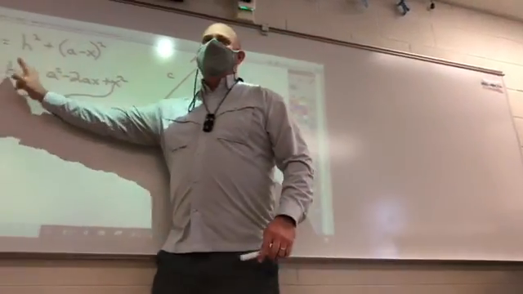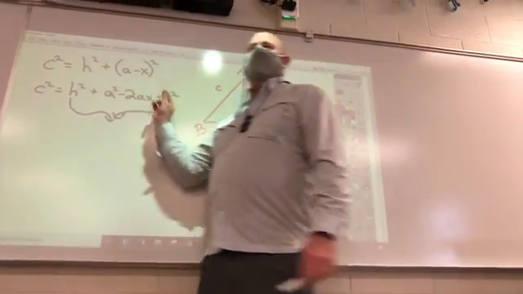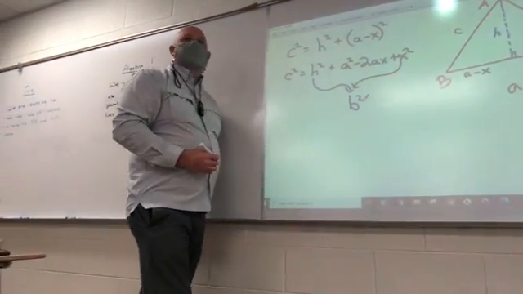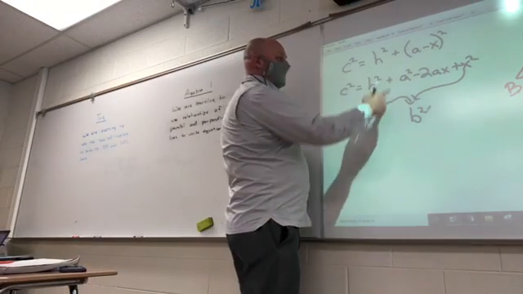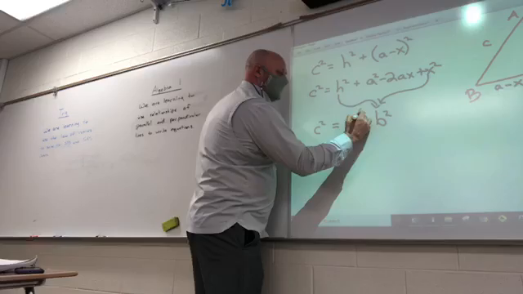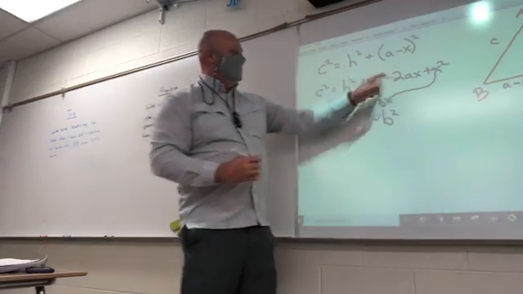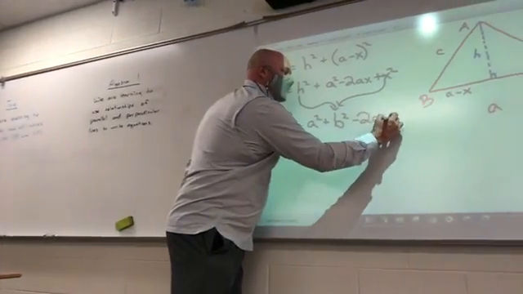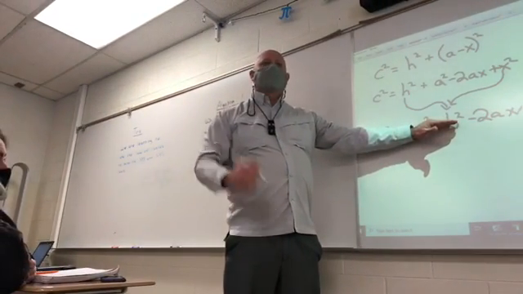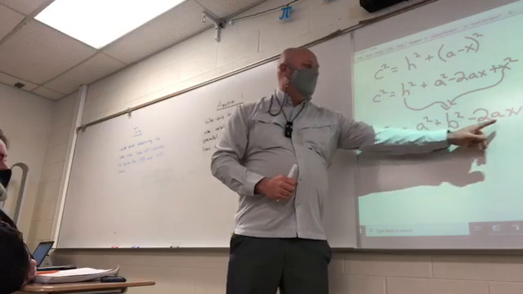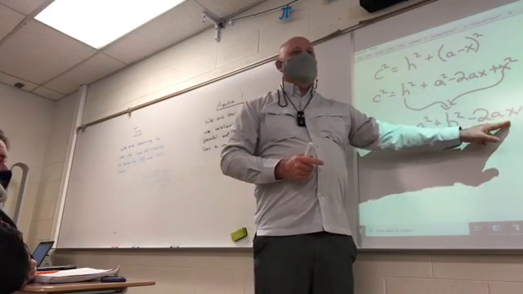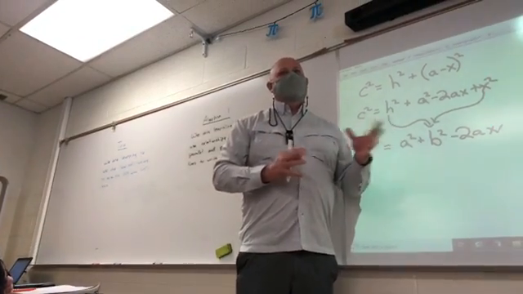I can get rid of these two, X's and H's right here, and turn those into a B squared. Now, what do I have left? Well, I still have that C squared. I still have this A squared, right? And I still have that minus 2AX. I'm almost there. I've almost accomplished my goal just in that one substitution. I just need to get rid of that thing, right? Now, that's not squared, so I can't do any more Pythagorean theorem substitutions.